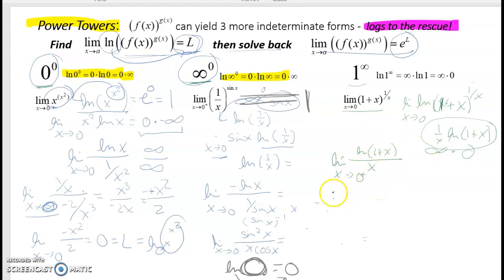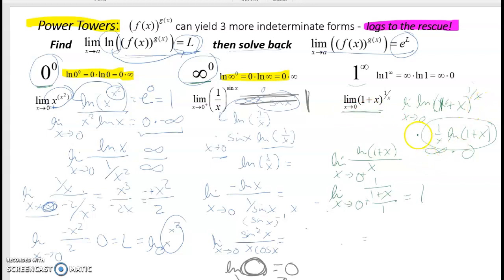We can L'Hôpital it. So we're looking at the limit as x goes to 0 of 1 over 1 plus x over 1. Oh, that's just 1. Oh, that's nice. But don't forget, we didn't solve the question they asked us.